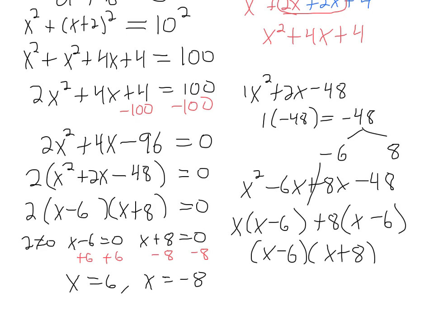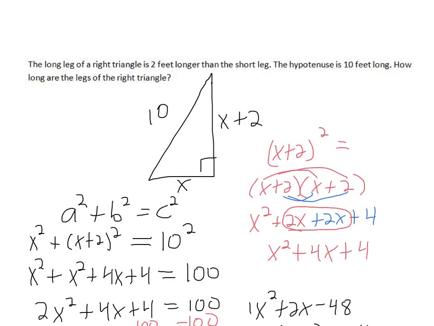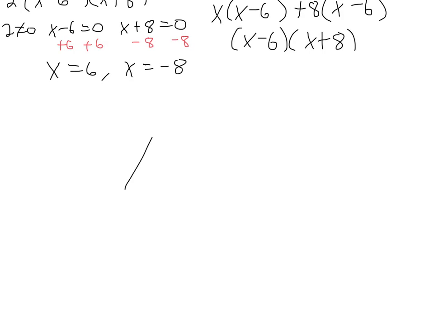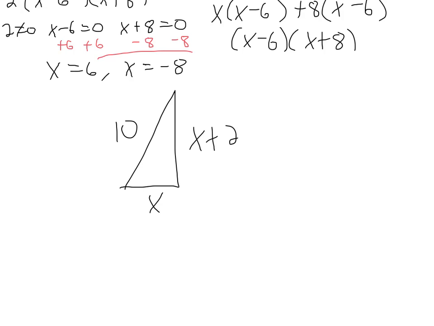Let's take a moment and refresh ourselves with our right triangle. x plus 2, 10. Since x represents a distance, a leg of a triangle, a negative answer is impossible, leaving us x equals 6.